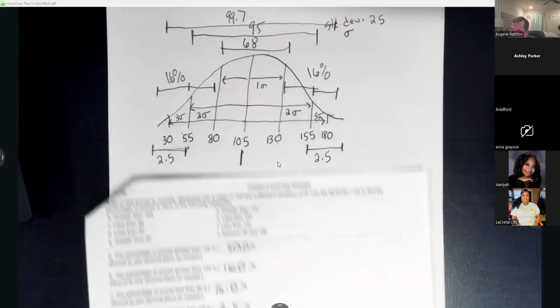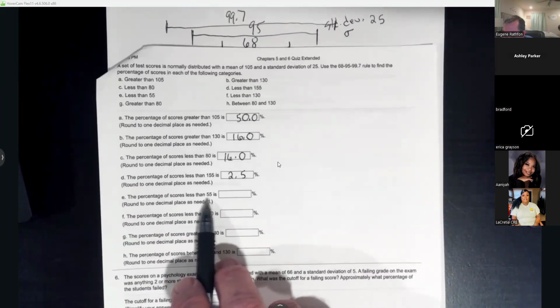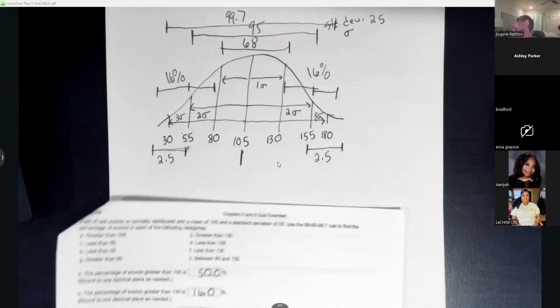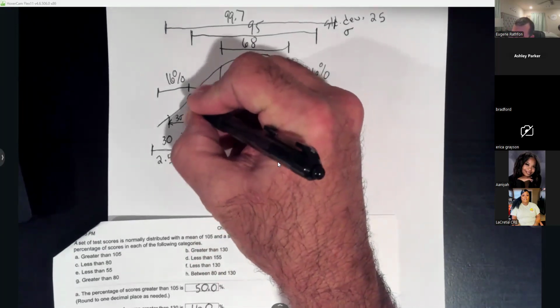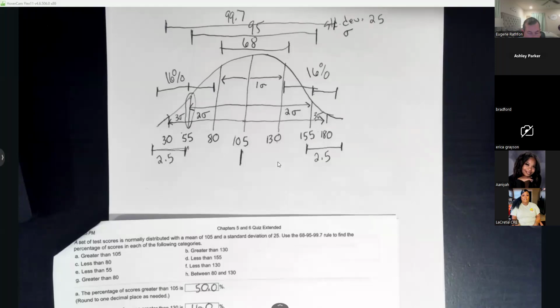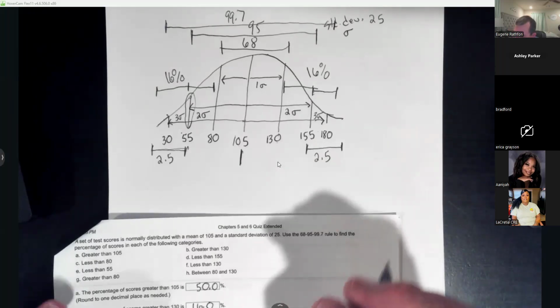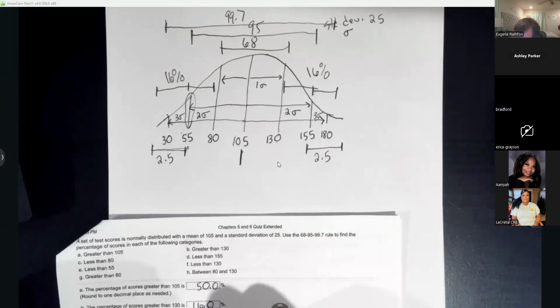All right, next they want to know the percentage of scores less than 55. So y'all, right here's 55. Whoops, let me see. Oh, y'all, hold on. I see what happened.